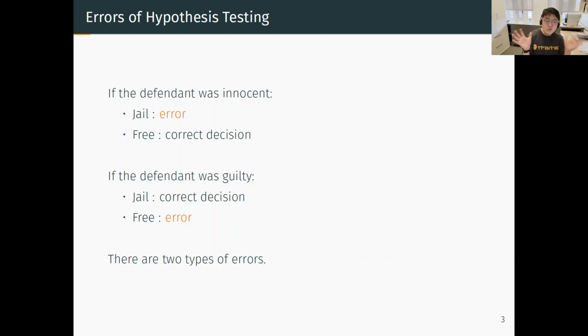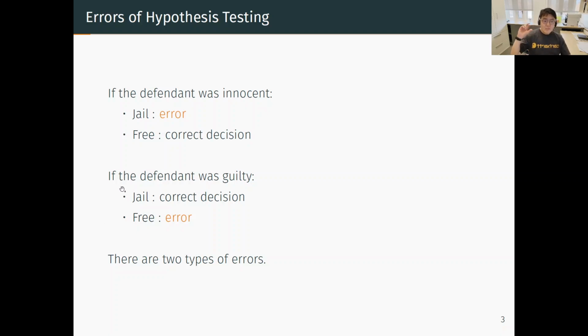By the way, the truth is never known. We never observe the actual truth, but theoretically, we can condition on the truth, and we can think about two different errors. As you can see, in one case sending him to jail is an error, but in the other case that is correct, and setting him free is an error.